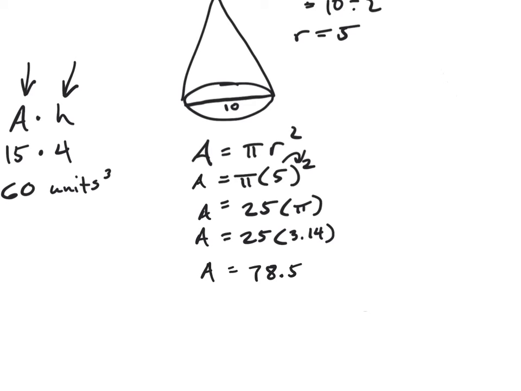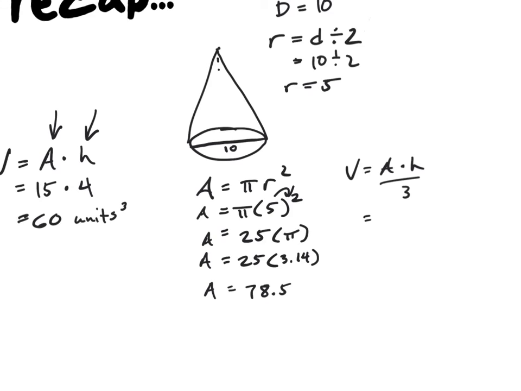But remember, volume is when you take the area times the height, but when you're doing a cone, you have to divide that final number by 3. All right, so only when you do the cone. So if the cone has a height of, I don't know, I'm just making up a number, 4, then that means I would have to take 78.5, multiply it times 4, and then when I'm finished, divide that number by 3, and that will give me my final volume for the right circular cone.